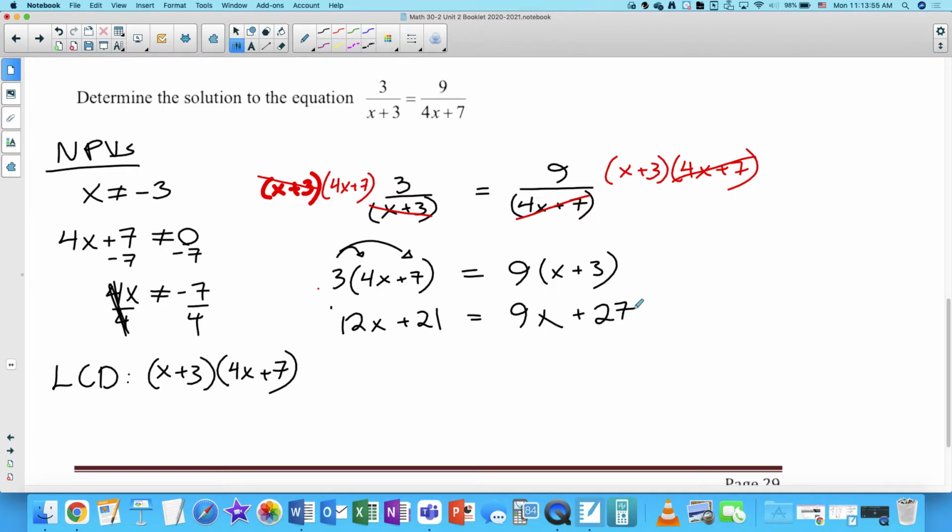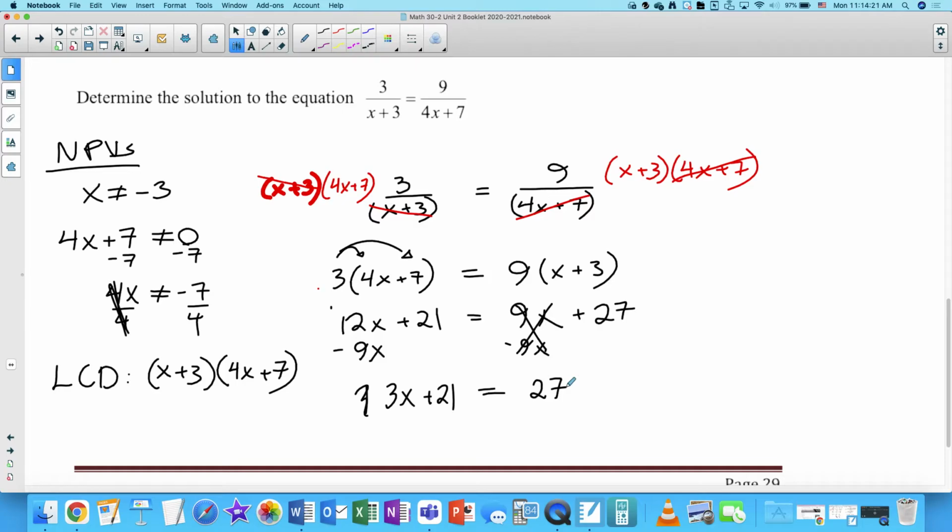Yeah, so essentially, you want to start collecting your x's on one side, collecting your numbers on the other. You can do that in one step, or you can do it in two. So if we start by subtracting 9x, so that we're collecting these together, then we're going to have 3x plus 21 equals 27.